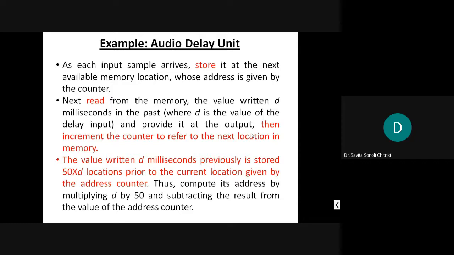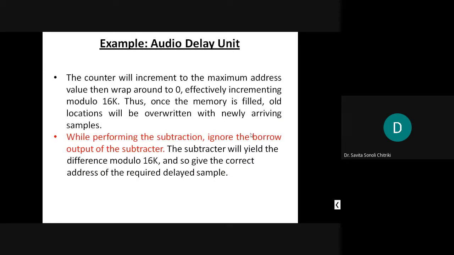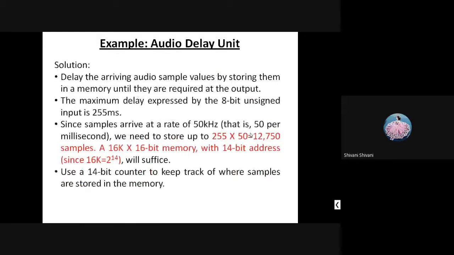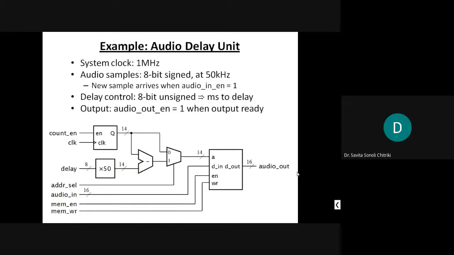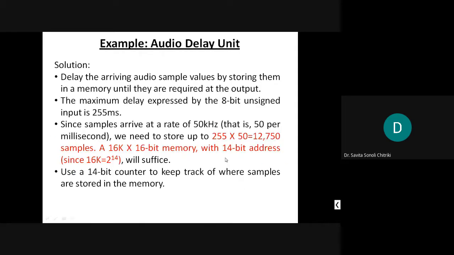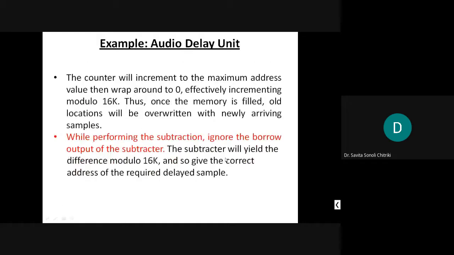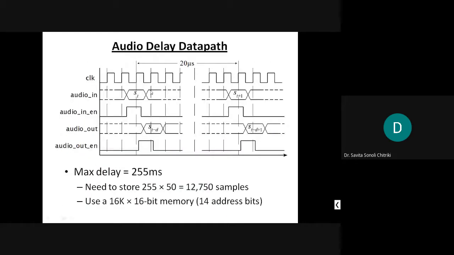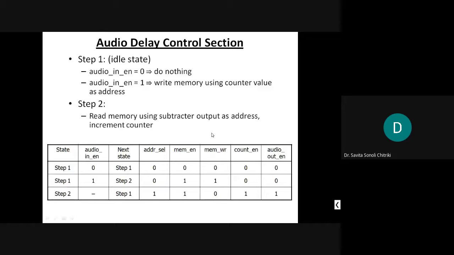Audio delay unit example: you will get this question compulsorily for 10 to 12 marks. Write the data path for the audio delay unit. Data path means you have to write this, then explain with respect to the waveforms, then the control section, how the control signals are generated for the audio delay unit.